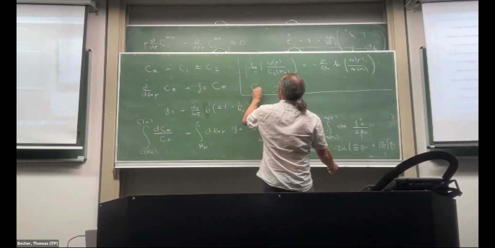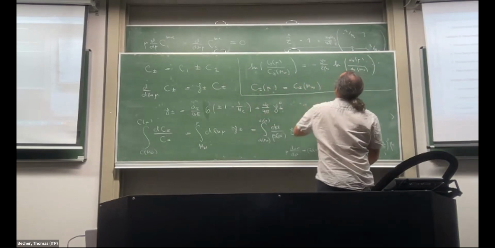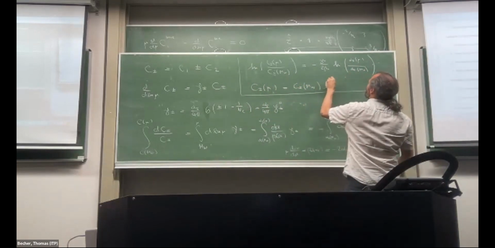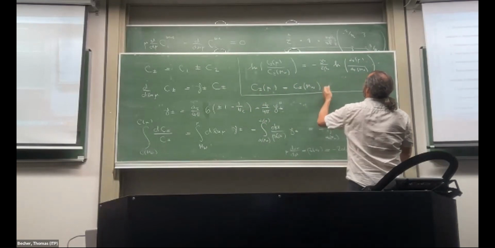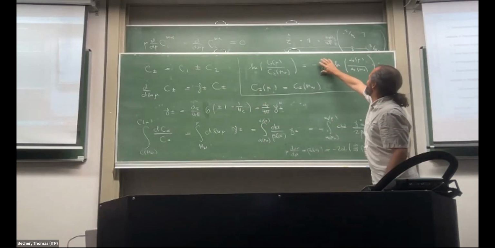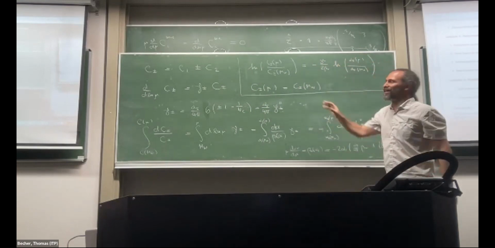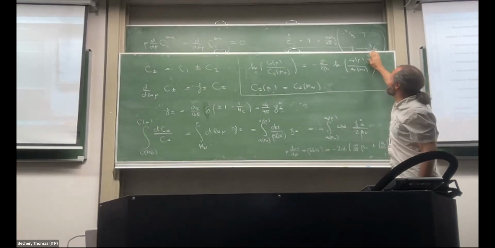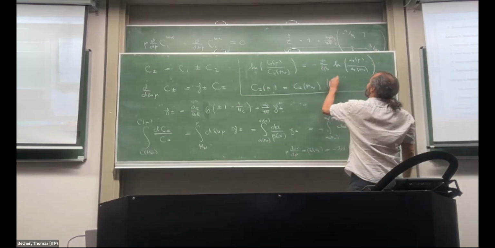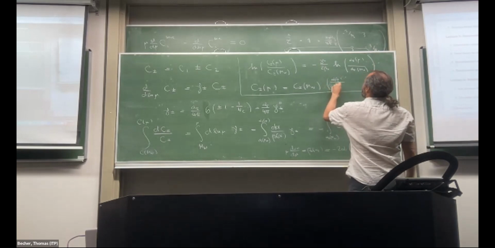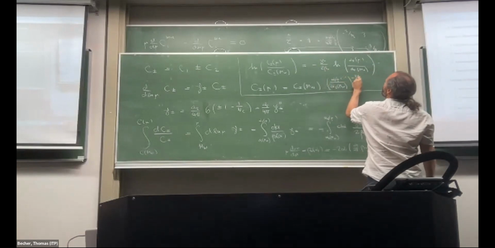Then I get c plus minus of mu equals c plus minus of mw times e to the minus this times this log, but then of course I can take this into the log, then I get alpha s of mu divided by alpha s of mw to the power minus 2 gamma 0.